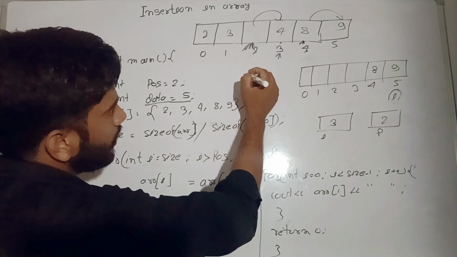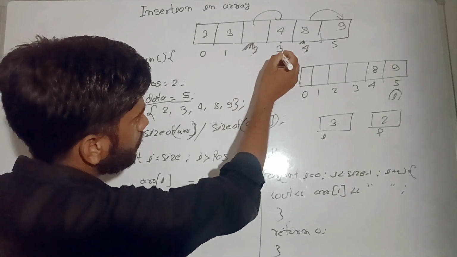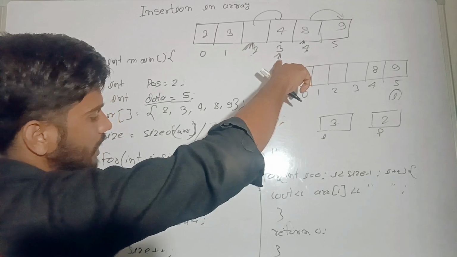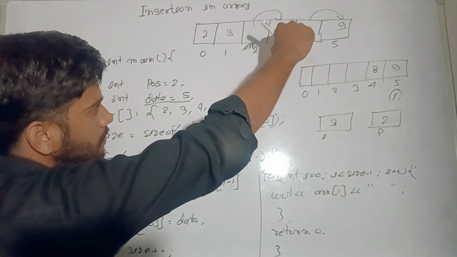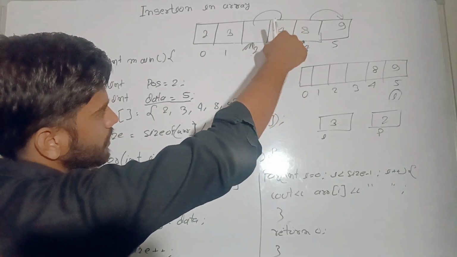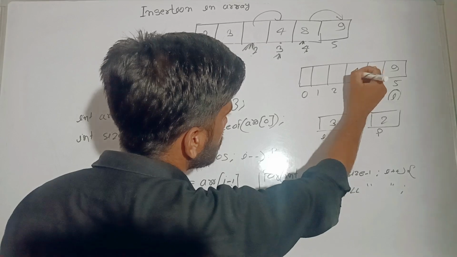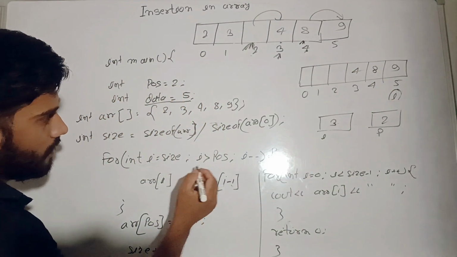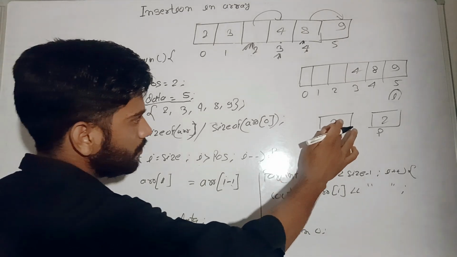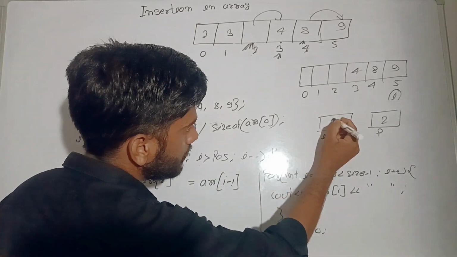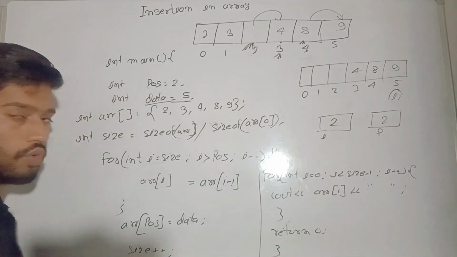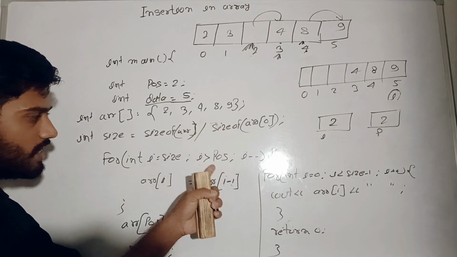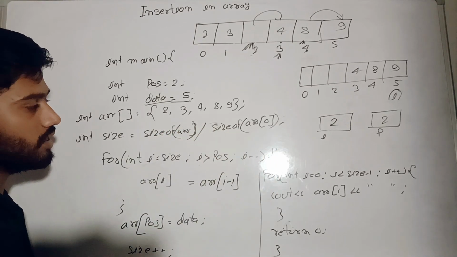Then at the position of 3, which element is present? At the position of 3, 4 has been present, then 4 will be shifted here. Now I is decremented and it becomes 2. And is 2 greater than 2? No, 2 is not greater than 2.